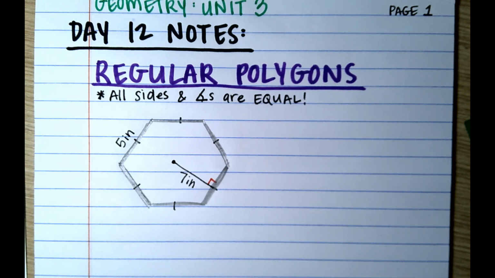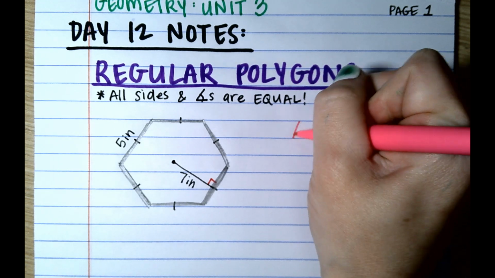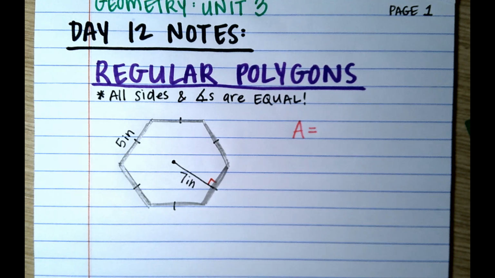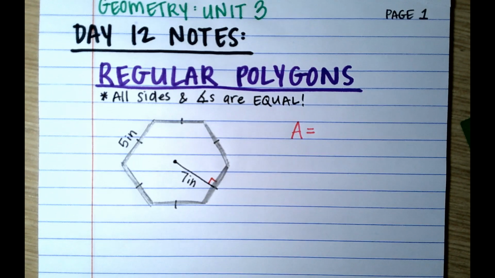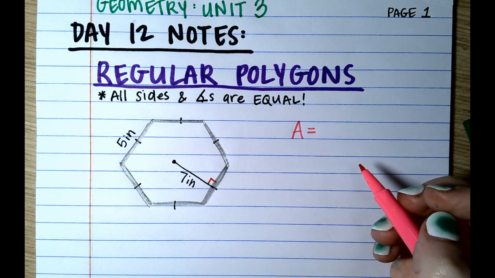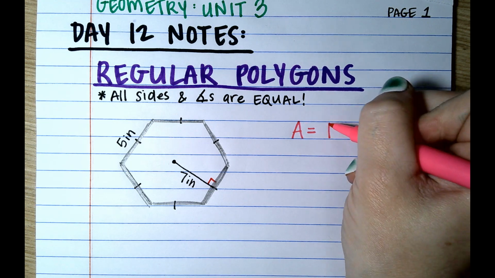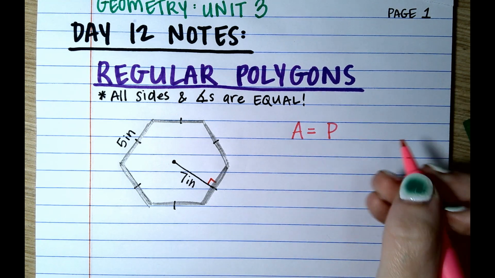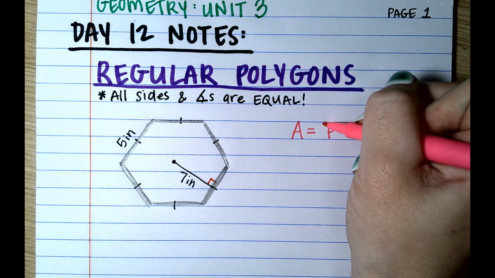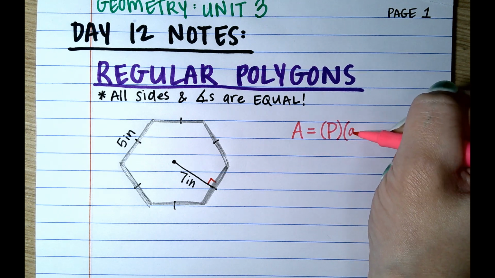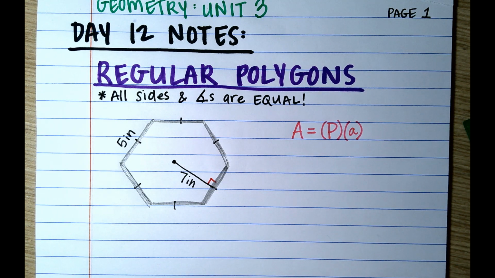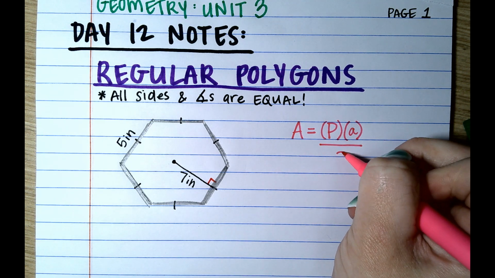And as you're doing that, I'm going to just copy down again the area formula and the perimeter formula. Area equals, let's see, capital P means perimeter, then the lowercase a for apothem divided by 2.